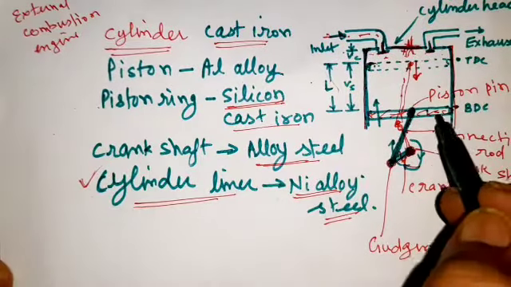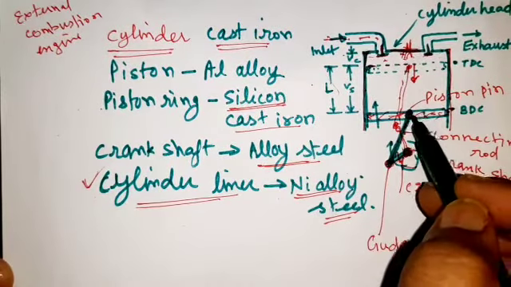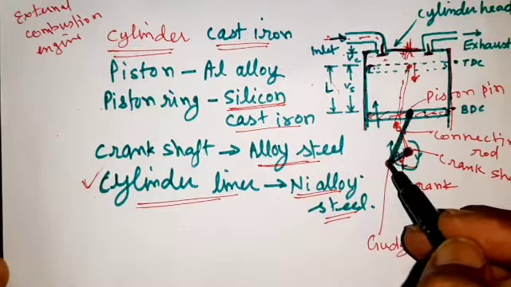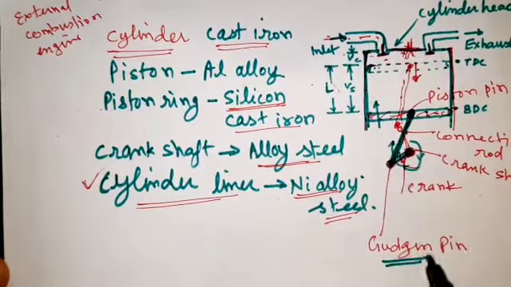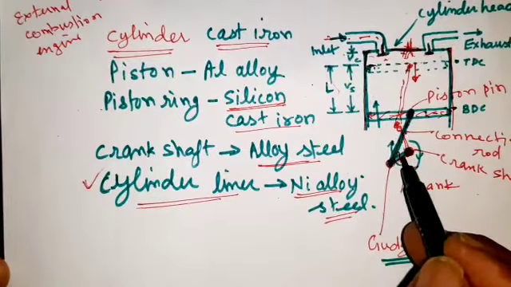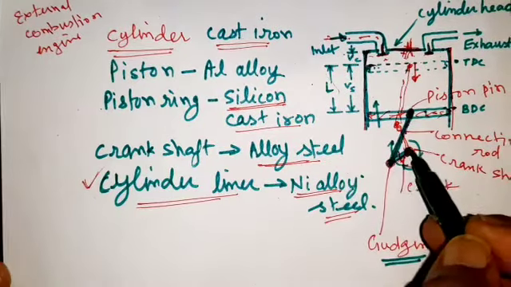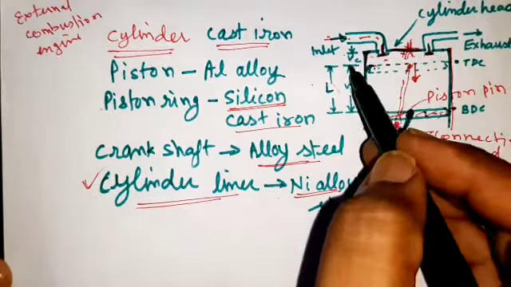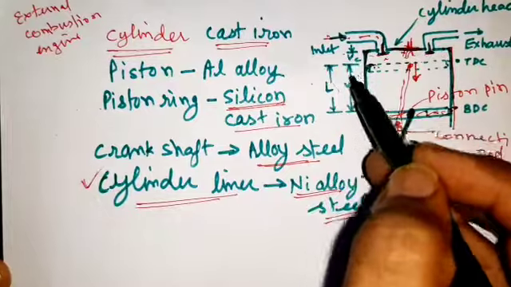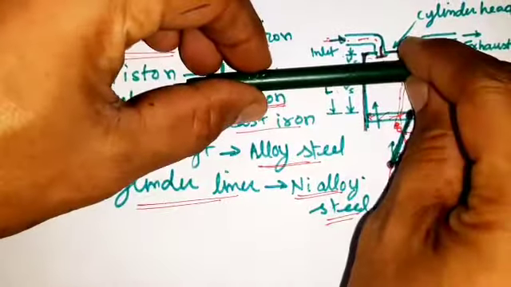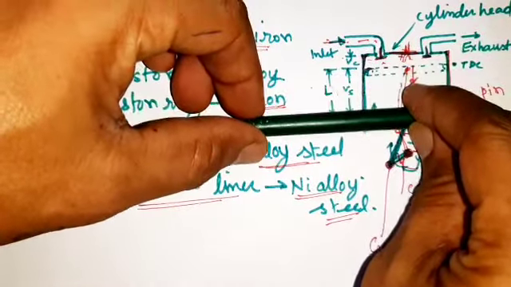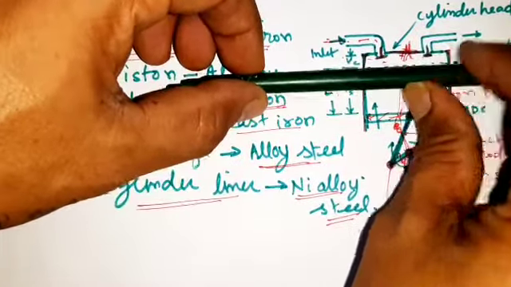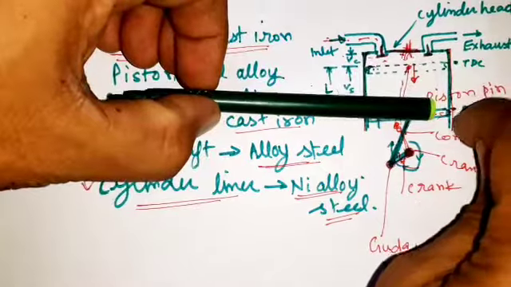Here you can see this is the piston pin, which connects the piston and the connecting rod, and this is the gudgeon pin, which connects the connecting rod and the crank, and this is the crankshaft, and this is Vs, the swept volume. The piston moves inside the cylinder, BDC to TDC, TDC to BDC. This reciprocating motion is between TDC and BDC.